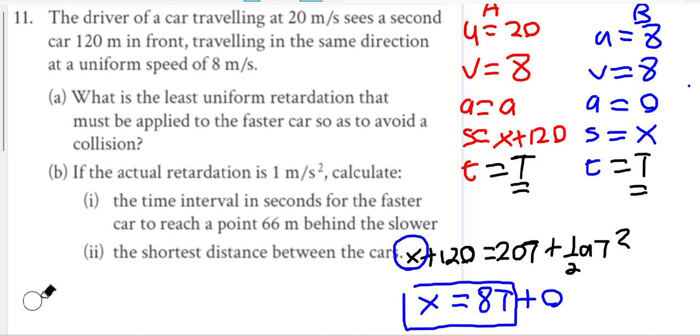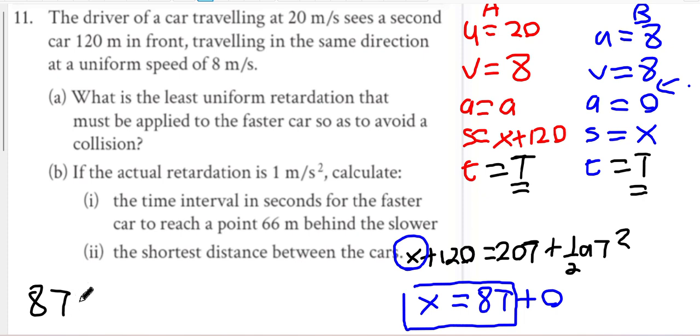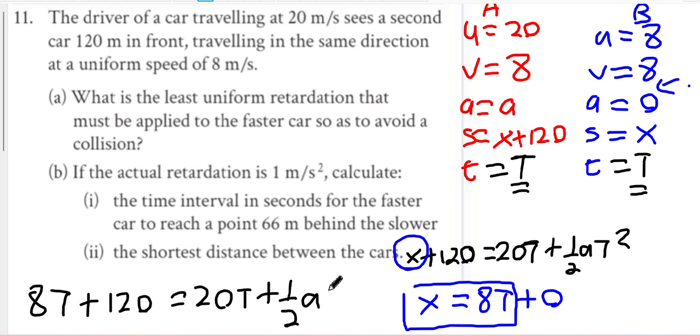It's 8t plus 0, because when you do a half at squared, the a value is 0, which results in a half at squared being equal to 0. Okay. So now I'm going to say that 8t plus 120 is equivalent to 20t plus a half at squared.